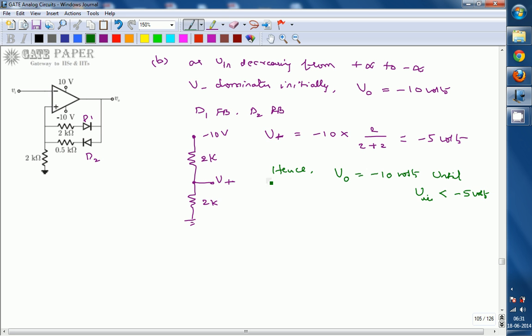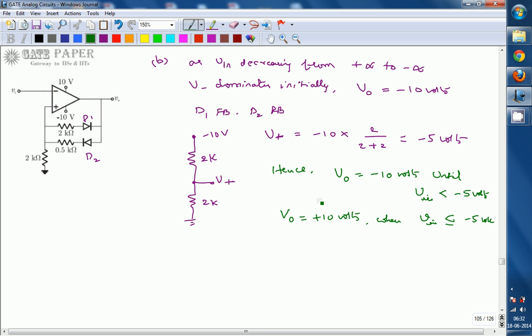V naught is equal to plus 10 volts when V input is less than or equal to minus 5 volts. That is, if V input is greater than minus 5, you will get minus 10 volts. If V input is less than or equal to minus 5, at that time V naught will become plus 10 volts.